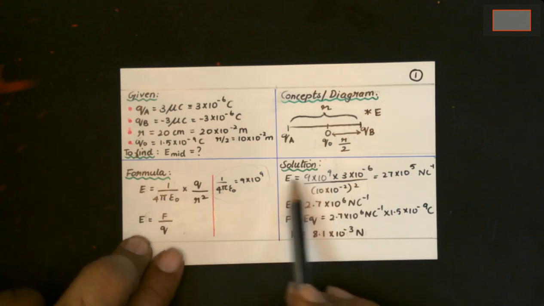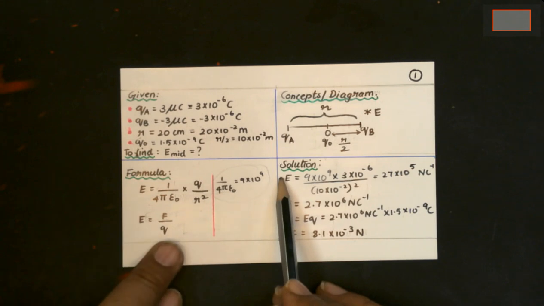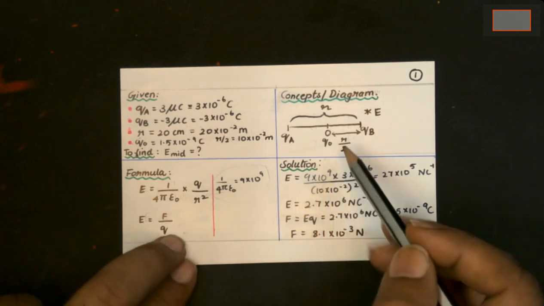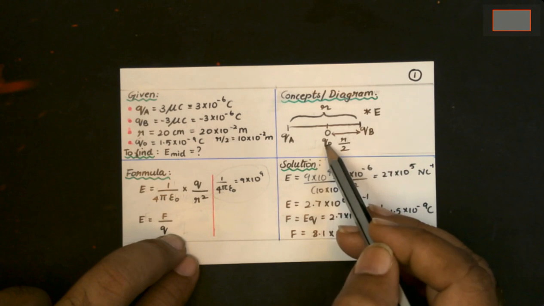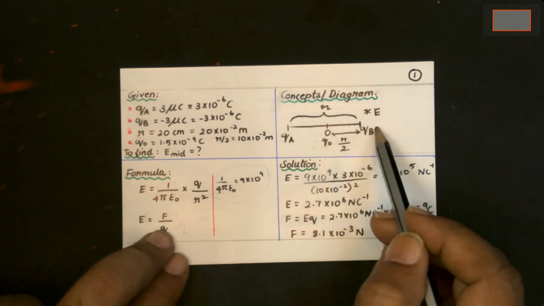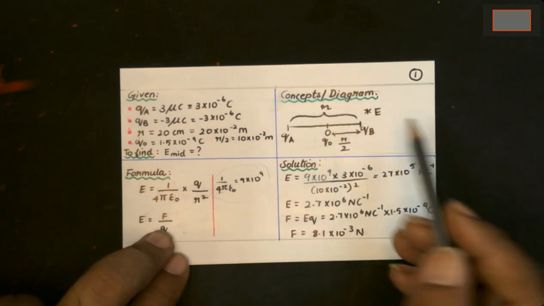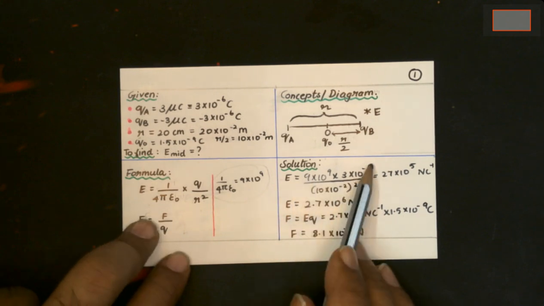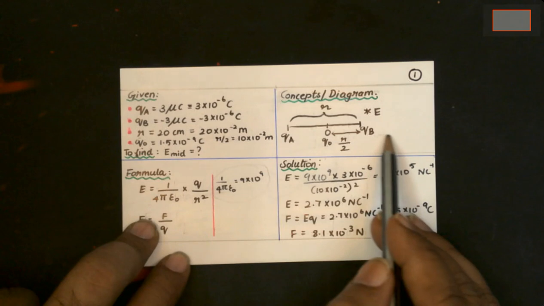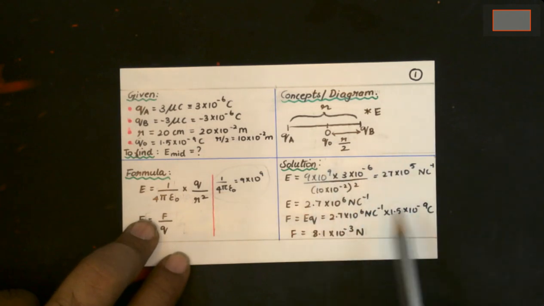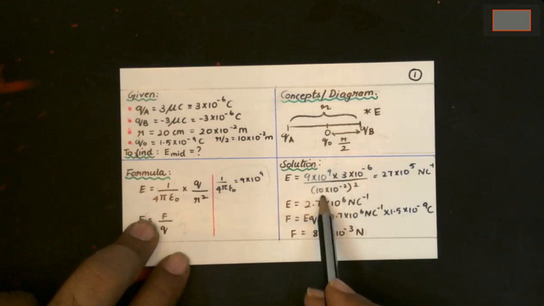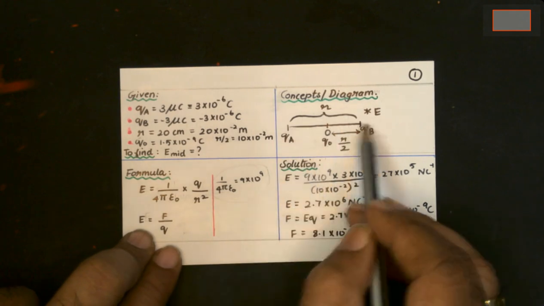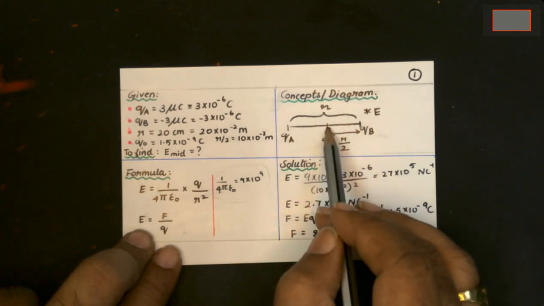Now the electric field is given by 9 into 10 power 9, because we are discussing the interaction between Q naught and QB. So 9 into 10 power 9 into 3 into 10 power minus 6, that is the charge possessed by the other one, and divided by the distance. The total distance is 20. Okay, so half the distance means 10.